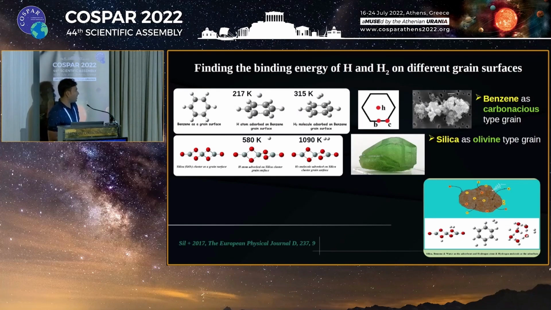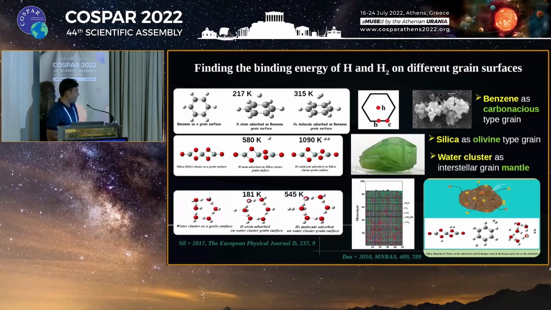And why do we take silica? Because it mimics an olivine-type grain surface. We took a cluster of three silica molecules to mimic this olivine-type grain. Next we use the most abundant interstellar grain mantle, water, and for this we took a six-water-molecule cluster and calculated the binding energy of hydrogen as 181 Kelvin and 545 Kelvin for the H2 molecule.